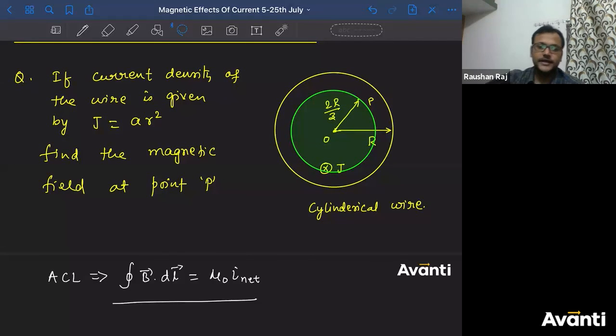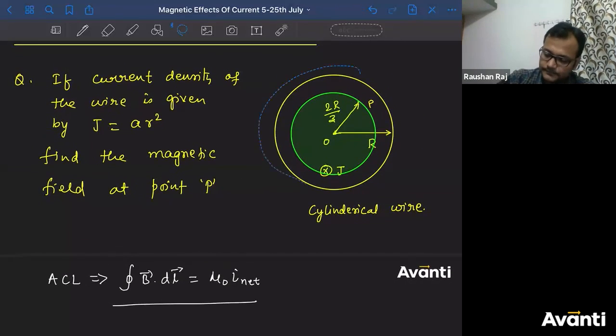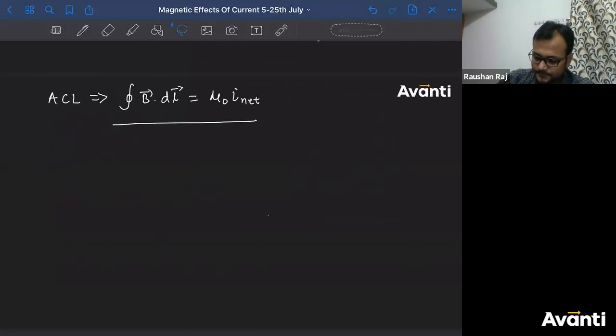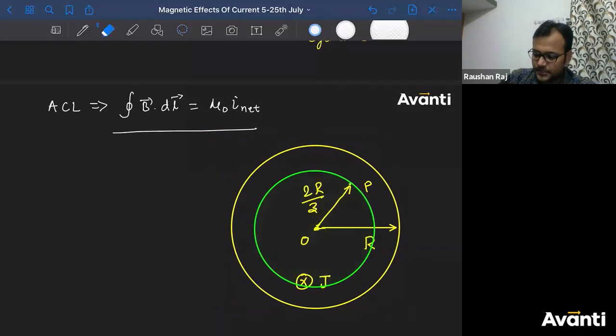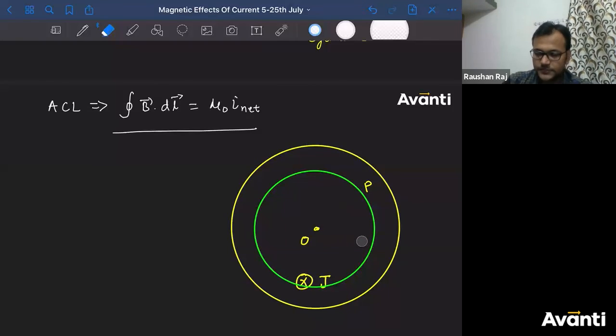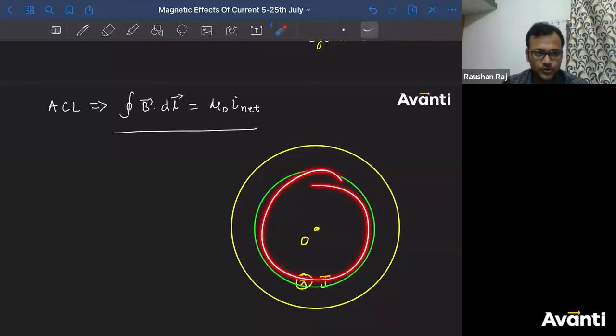Alright, guys, let me solve this. Copy and then paste it here. Pasted. Let me make it bigger. Let me erase these things. In this case, if current density is variable, I have to find the net current passing through this. J is known to us.